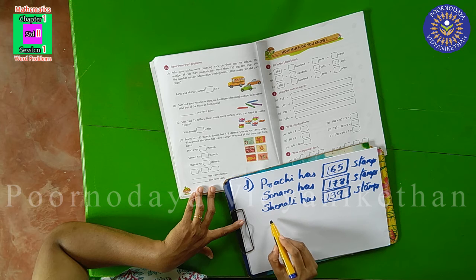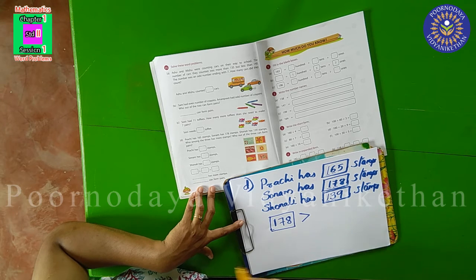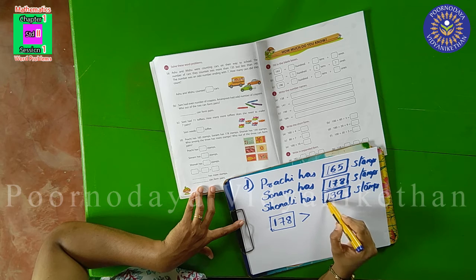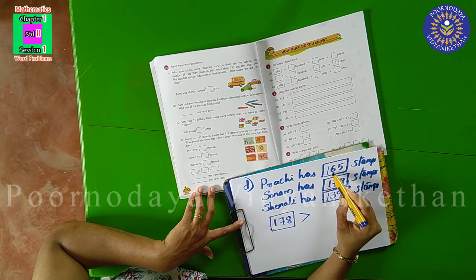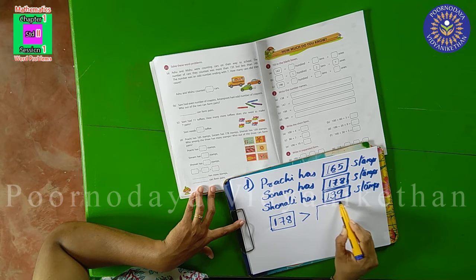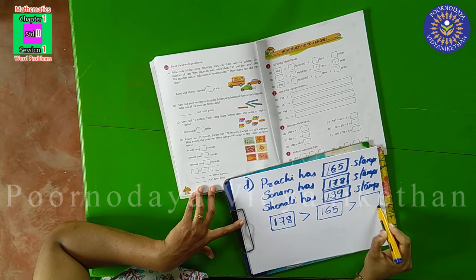So in the first box we have to write 178. 178 is greater than, next, 165 and 139. Compare the tens place, 6 and 3. Which number is the bigger number? Yes, 165 is greater than the last number, 139.